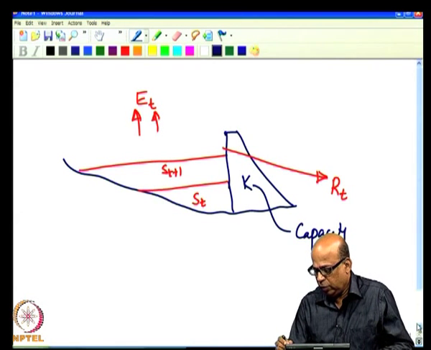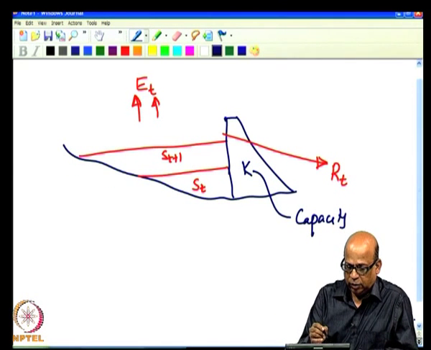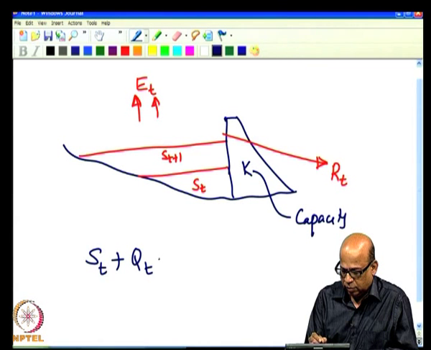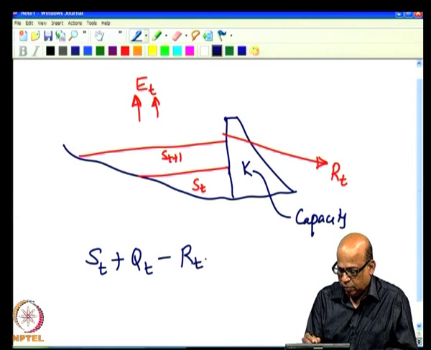Now, this is what we wrote as a continuity equation: St plus Qt minus Rt minus Et should be equal to St plus 1.